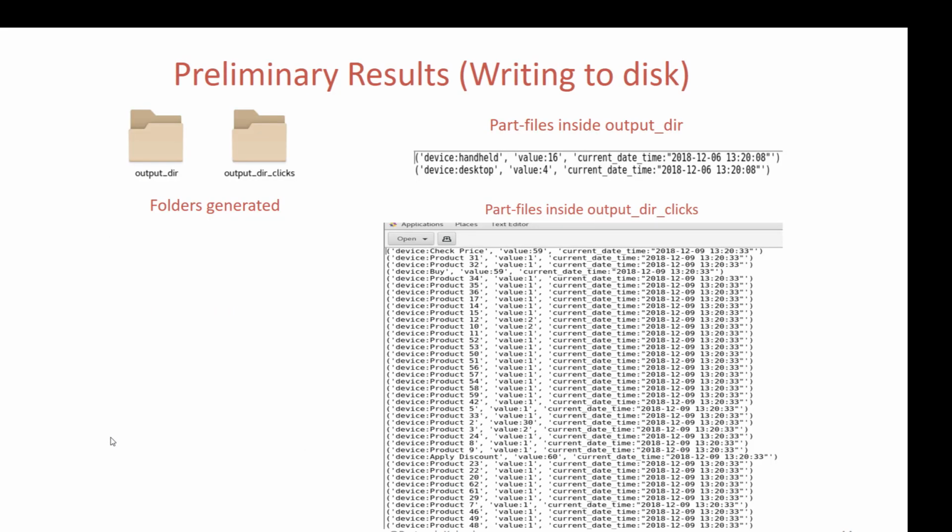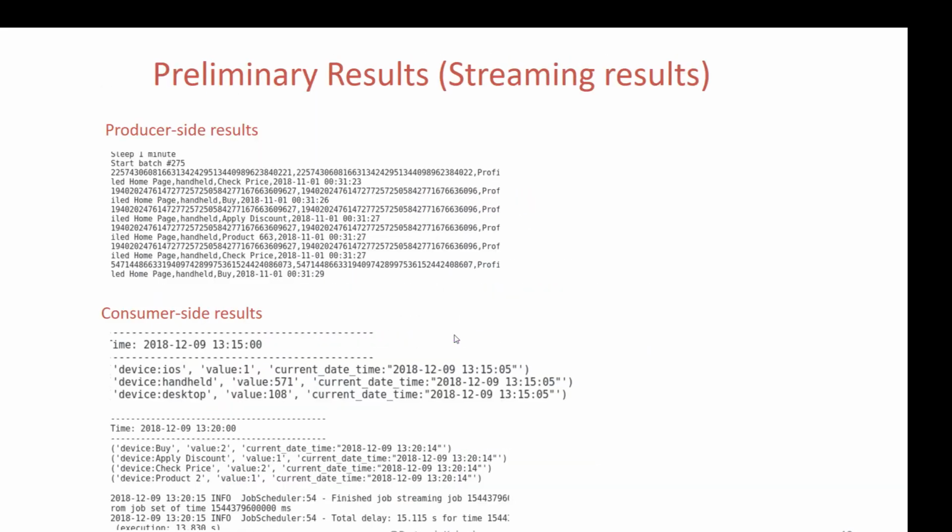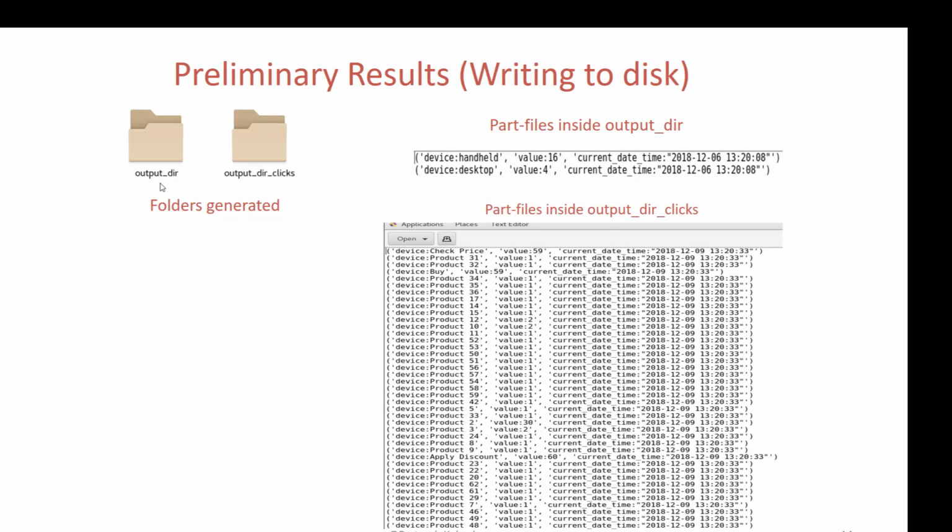So once everything is being processed, remember that we always want to look at the store-at-disk part. So now I want to store everything on disk. When I write everything on disk, these are generated in the form of output directories.